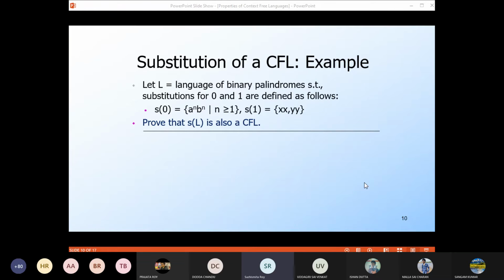Suppose I say that your palindromes should be of even length. Then what will be your grammar? Ma'am, we will simply replace 0 by 00 and 1 by 11. Very good.